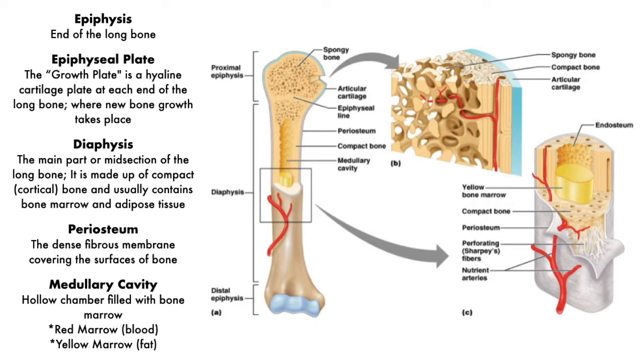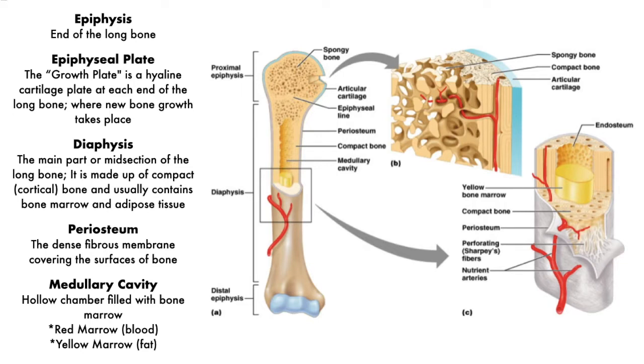This is primarily hyaline cartilage, and all bone primarily develops at birth from hyaline cartilage. We talked about achondroplasia or dwarfism, a genetic disorder of the growth plate or the cartilage in the development of the long bones.